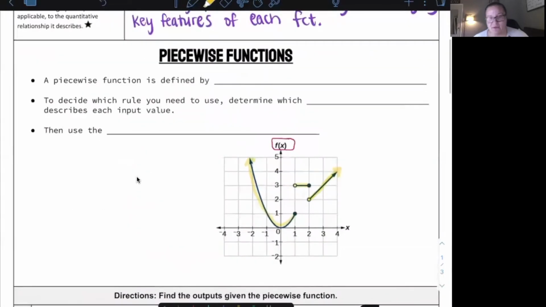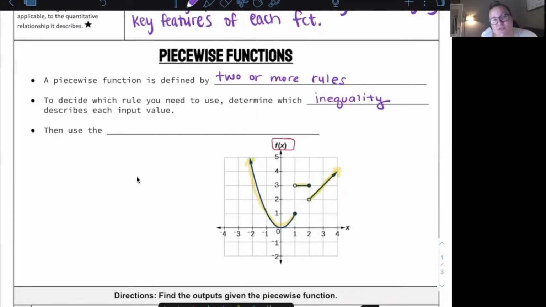So as we're talking about piecewise functions, keep that in mind. A piecewise function is defined by two or more rules. There has to be at least two pieces. There can be more than two. There can be 3, 4, 5, however many you want. To decide which rule you need to use, you determine which inequality describes each input value.